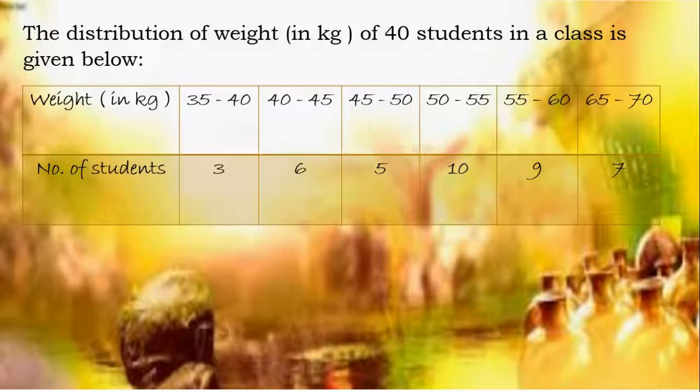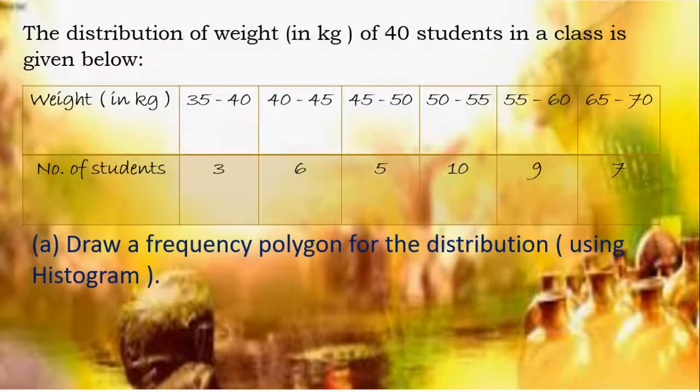There are 3 students having a weight between 35 to 40, 6 students with a weight in the class interval 40 to 45, 5 students in a weight between 45 to 50, 10 students with a weight of 50 to 55, 9 students with a weight of 55 to 60, and 7 students with a weight between 60 to 65. Draw a frequency polygon for the distribution using histogram.